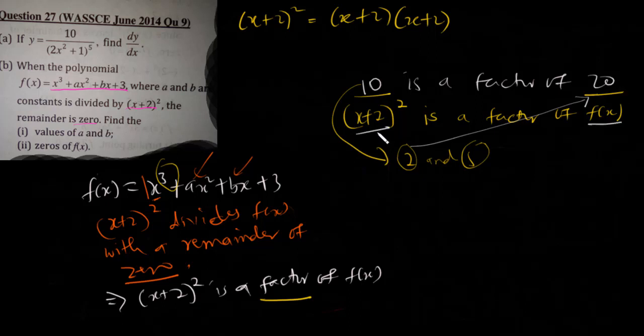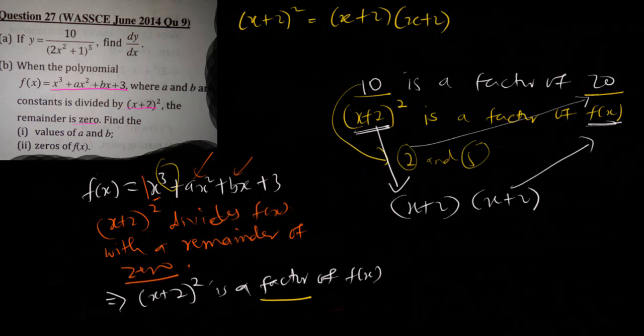Now look here. We are saying that (x + 2)^2 is a factor of f(x). But what are the factors of (x + 2)^2? They are (x + 2) and (x + 2). So does that mean that (x + 2) can also divide f(x) with a remainder of 0? Yes. If 10 is a factor of 20, then factors of 10 are also factors of 20. Then if (x + 2)^2 is a factor of f(x), factors of (x + 2)^2 are also factors of f(x), and that makes sense.